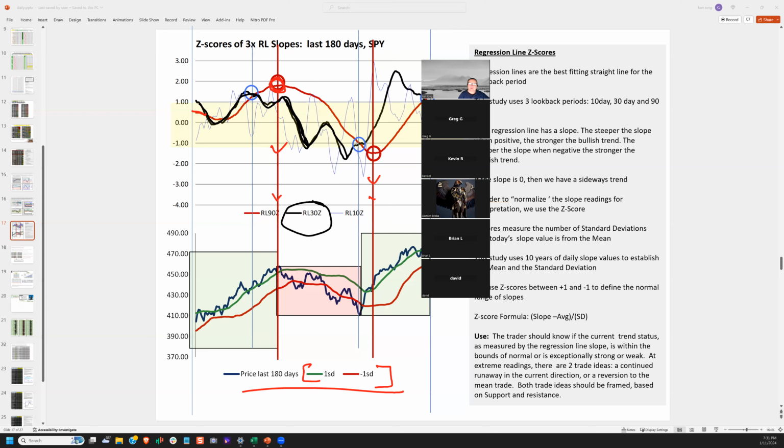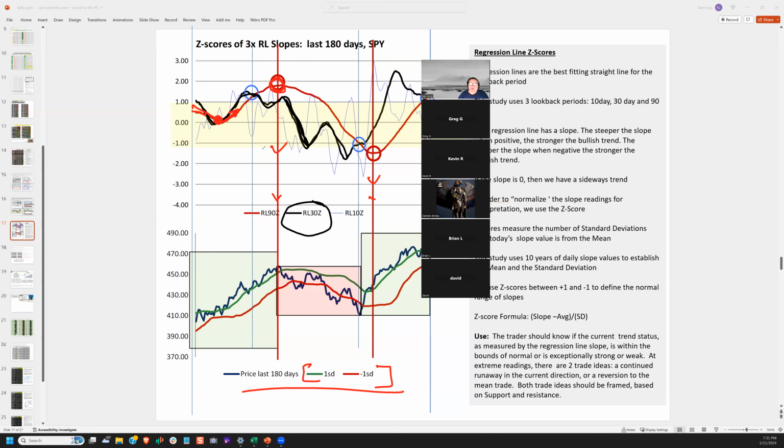And I want you to notice that when the z-score slope turns positive, I want you to realize that that is not necessarily the slope of the RL90. It's the z-score slope. So it's the second derivative.